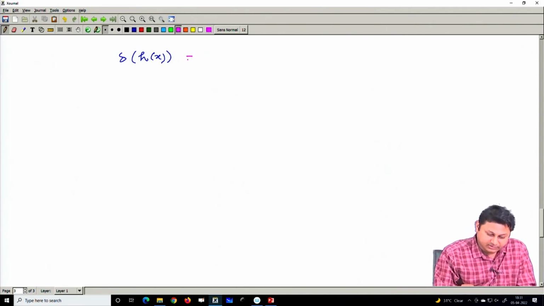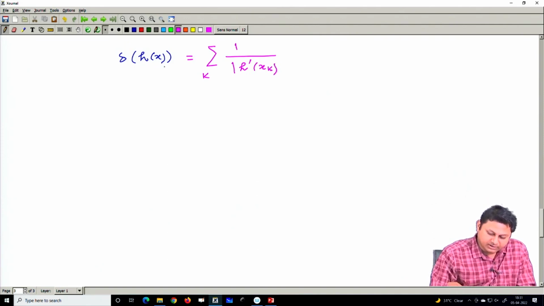What should be the result? The result should be summation over k of 1 divided by mod of h prime, the derivative of this function, evaluated at x k, where x k are the roots of this equation.